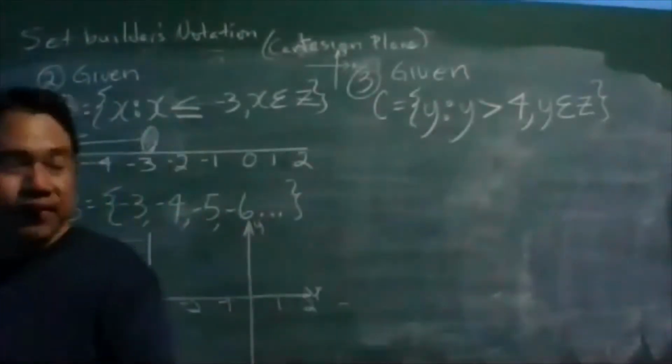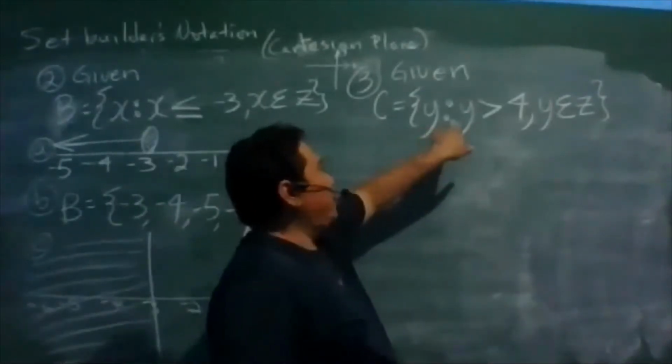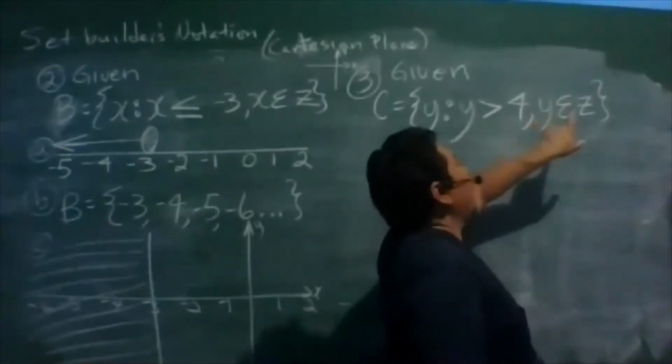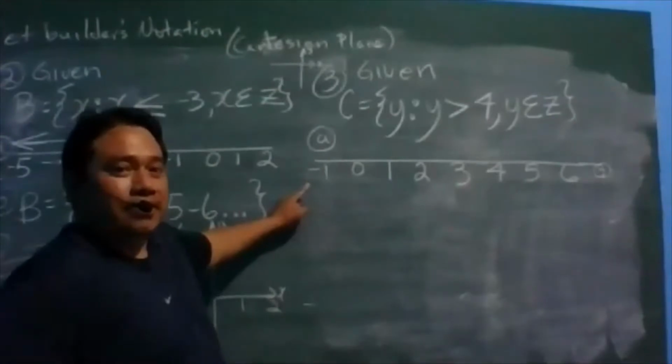Right? So C equals, let Y be the value where Y is greater than 4, where Y is an element of integers. The 0, why is it there instead of the middle?